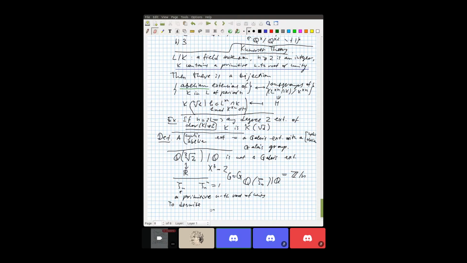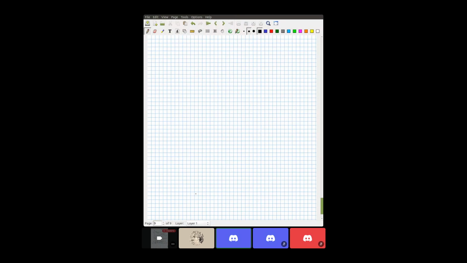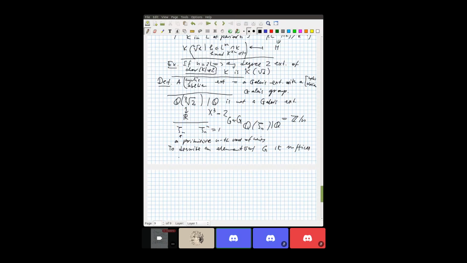To describe an element of G, as let's call the group simply G, it suffices to say what is the image of the primitive root, zeta n, under an element sigma of G. So what could this zeta n sigma be?